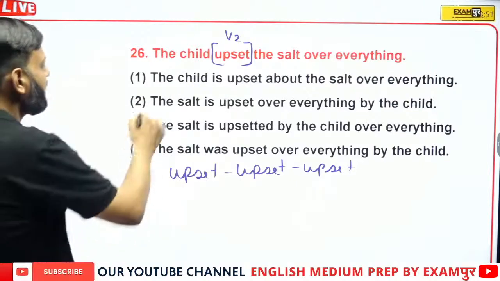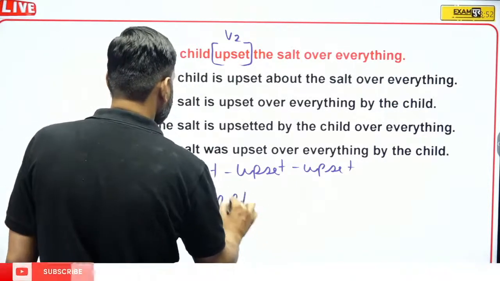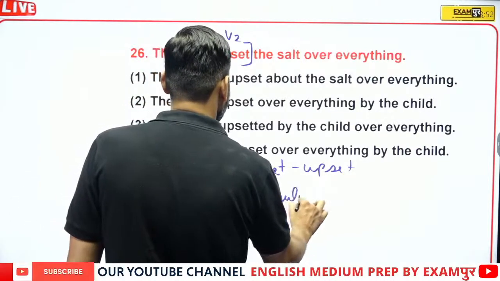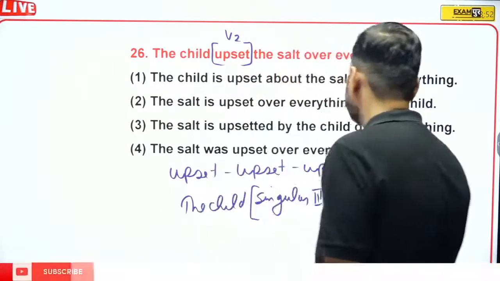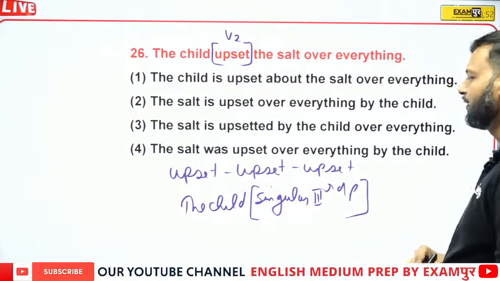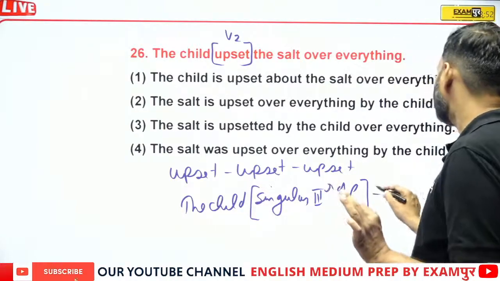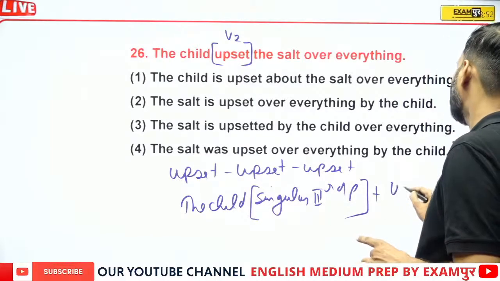See, here the subject is the child, which is singular third person. So, if the sentence were in present, we should use the fifth form of verb, which is upsets.